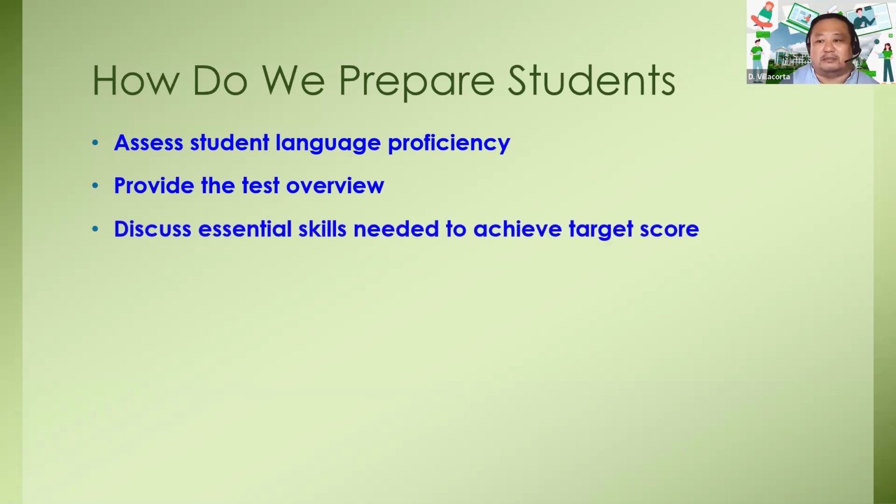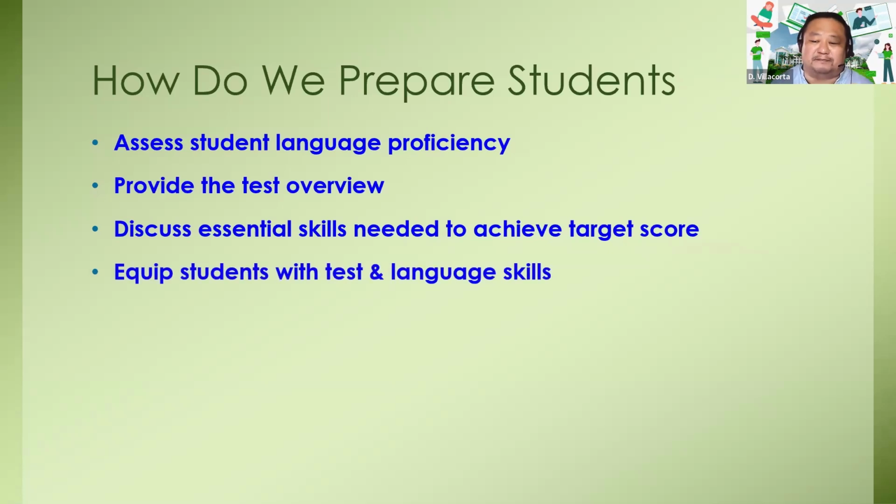Now, after providing the test overview, we would now discuss the essential skills needed to achieve your target score. So, combined with the results of your language proficiency assessment, we would now discuss what other lessons you would need to take before we actually go into doing the drills that come from authentic materials from the test makers themselves.